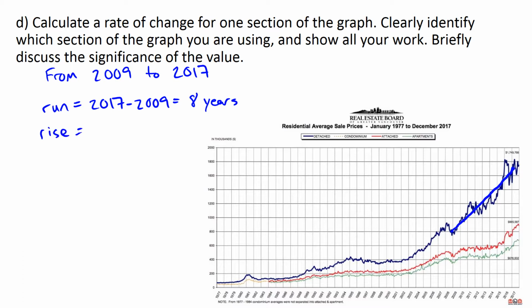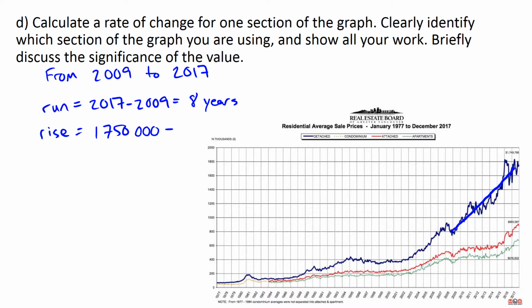And the rise, I'll have to get from estimating the y values along the line of best fit. And so for the rise, I thought it looked like the maximum in 2017 was around $1,750,000 for an average house in Vancouver.